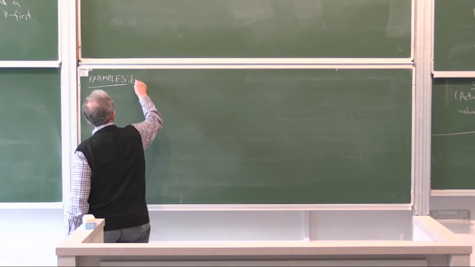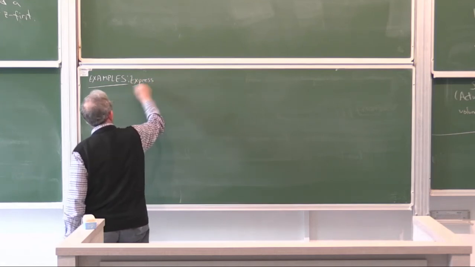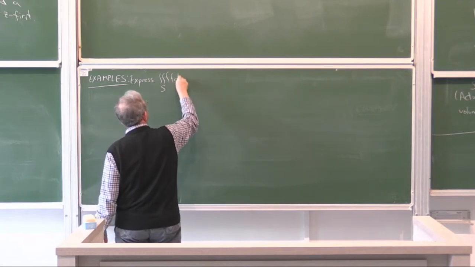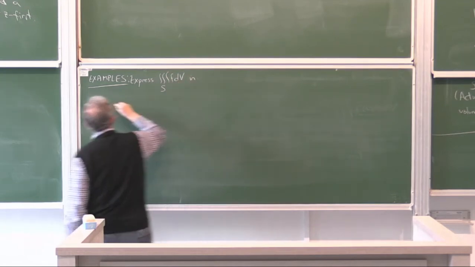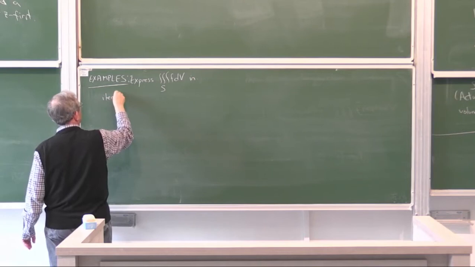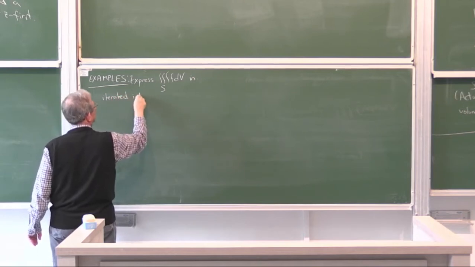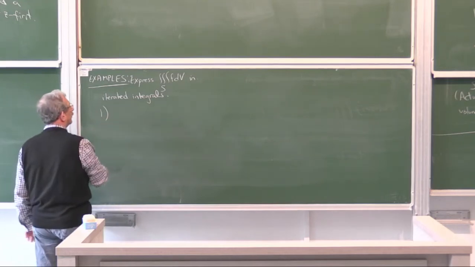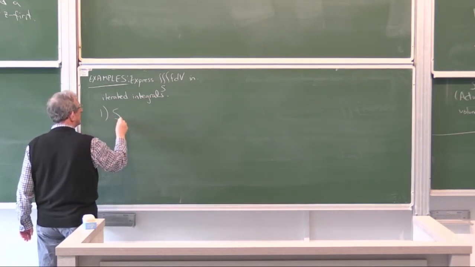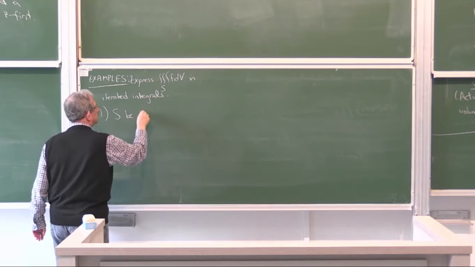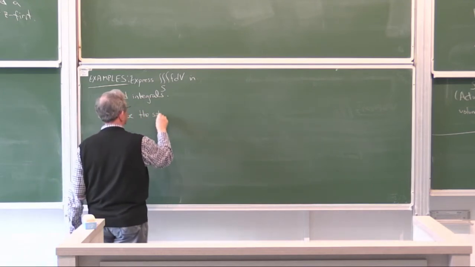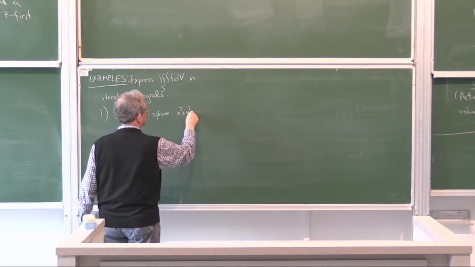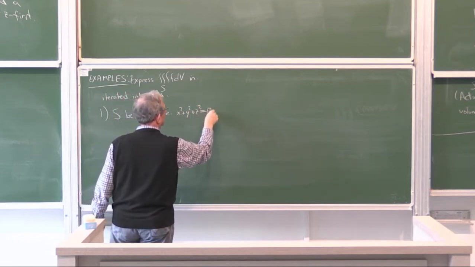Well, express the double integral over S in iterated integrals. In the first case, let S be the sphere, x squared plus y squared plus z squared equals r squared.